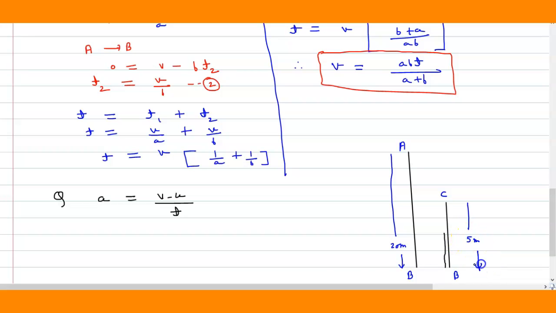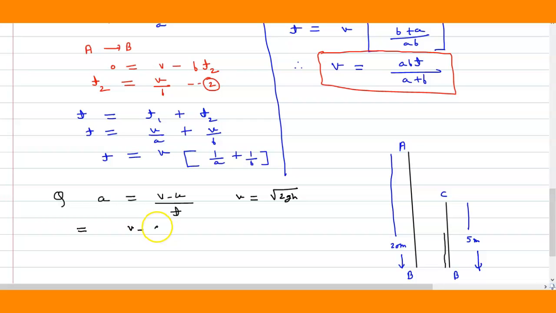Then we apply the formula. We know that speed V is equal to root 2gh. Then we put the value of V. We know that V and U have opposite directions.